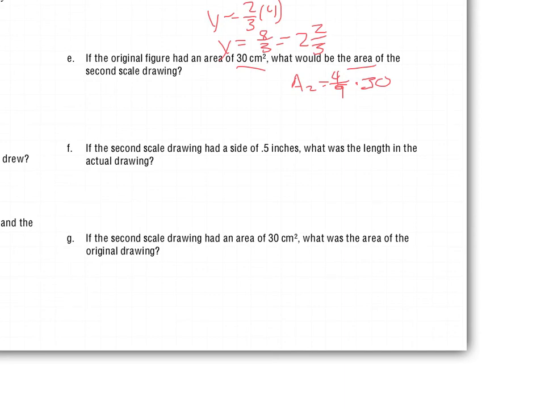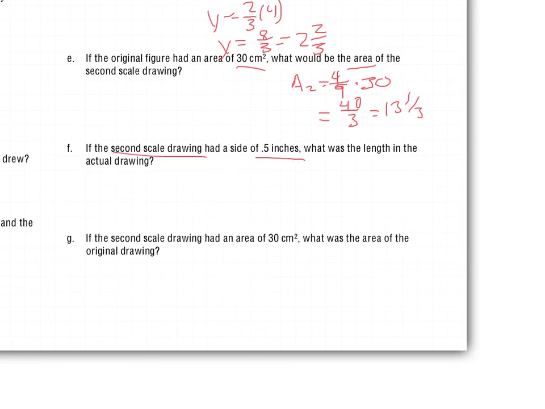We're given the original. Doing some cross canceling, that's going to give me 40/3, which is equivalent to 13 1/3.